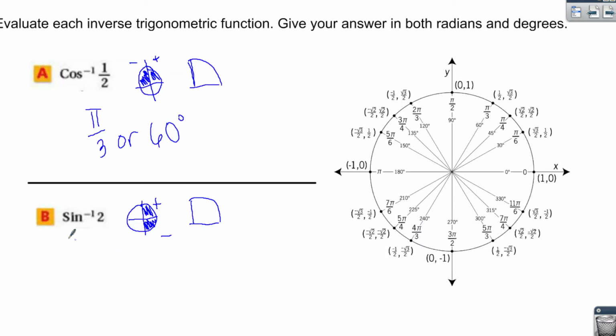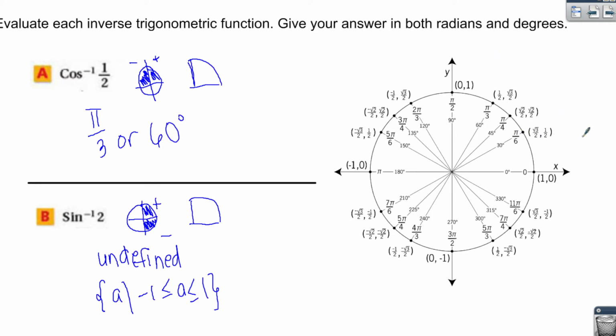So we say that for this function, it is undefined because the domain is only specific to values that range between -1 and +1. So that's the reason behind why we're saying it's undefined. Also, you can't really see 2 here, if that makes sense.